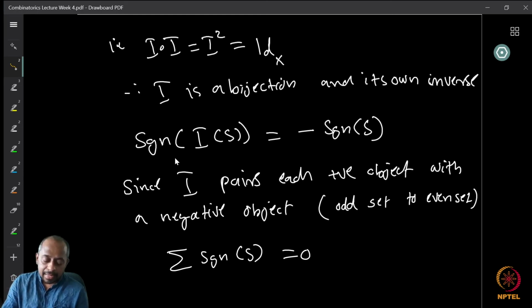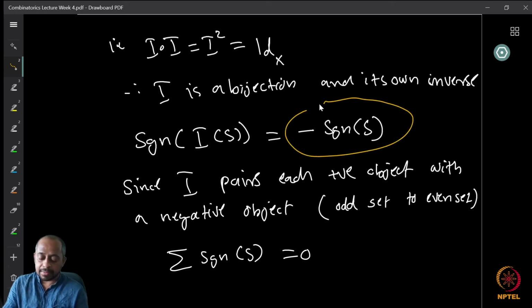Now what is the sign of I of S? Because I either adds or subtracts exactly one element, the cardinality goes to either its cardinality minus 1 or plus 1. So the sign of I of S is minus the sign of S, because (-1) raised to the cardinality is different.